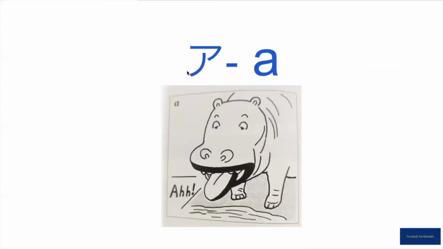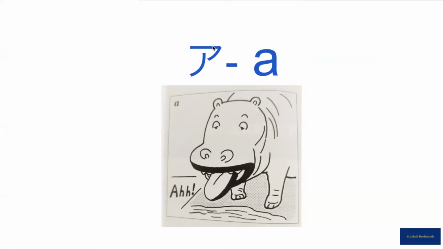First one is the syllable a. It's only 2 strokes. You can easily remember this a with the picture of a hippo who is shouting a. So a hippo shouting a is katakana a.